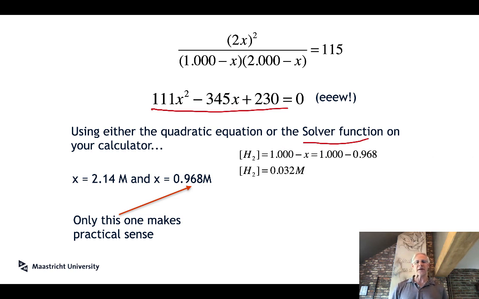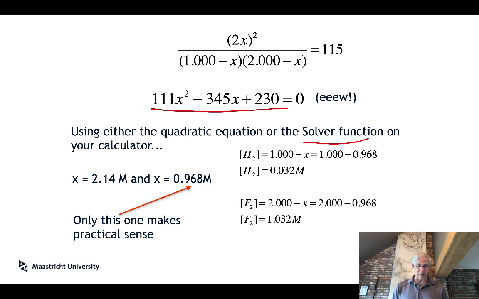And when you factor that value for X into your ICE box to solve for your equilibrium concentrations, for the H2, you have 1 minus X. So we have 1 minus 0.968. That gives us 0.032 for the equilibrium concentration of H2.